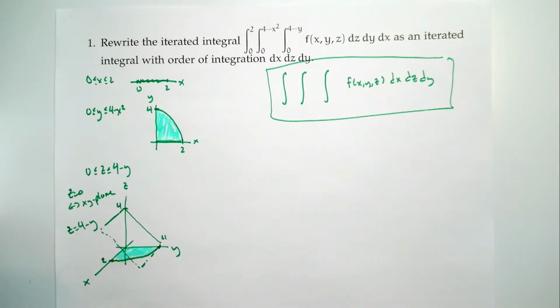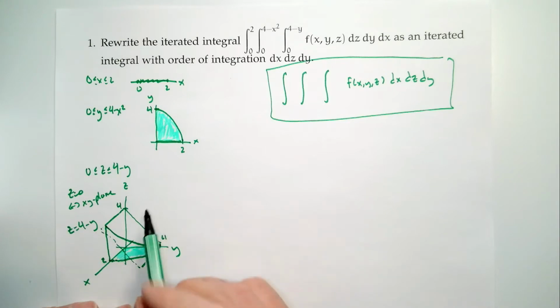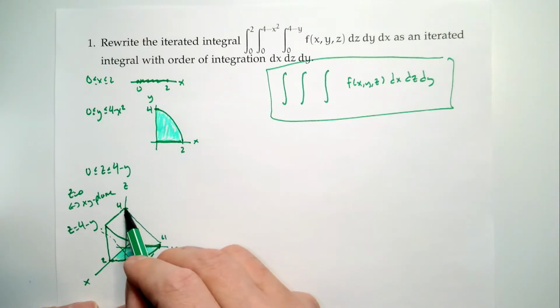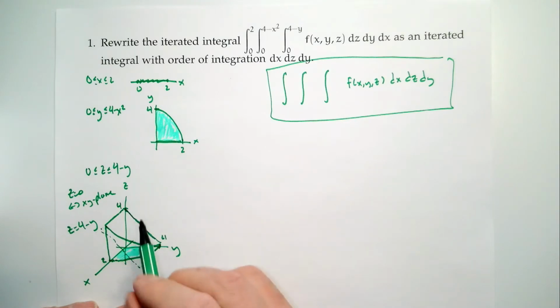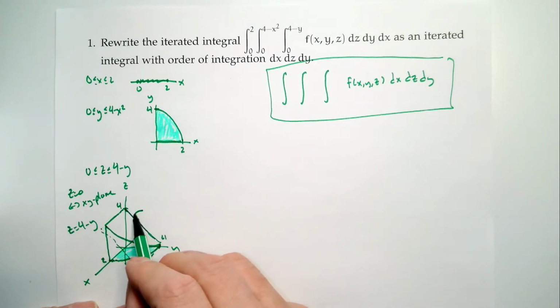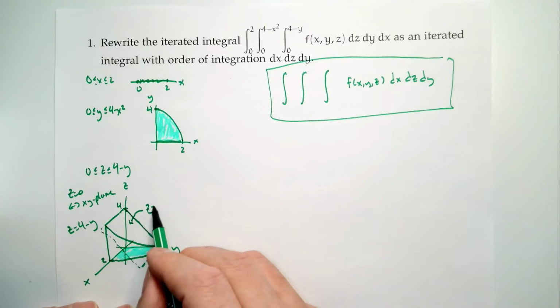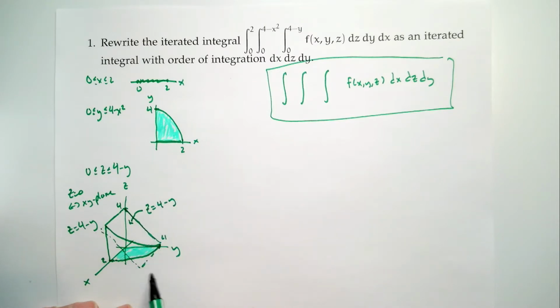Now, what do we want? Well, we want to go from the bottom up. So we're going to come up here. And now what's going to happen is, as I come up, I'm going to actually start swinging around. Okay, so there's our shape. Now what are our surfaces? Well, this top surface, that's z equals 4 minus y. The bottom surface, that's z equals 0.